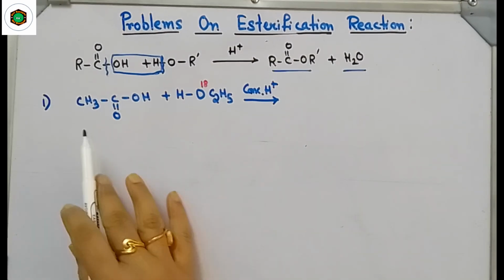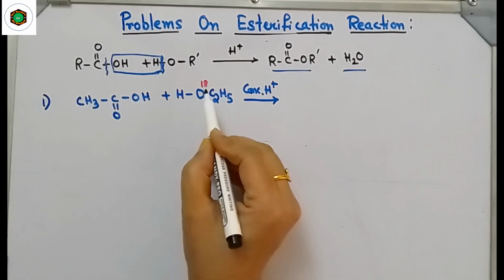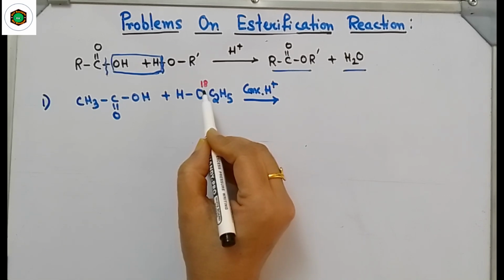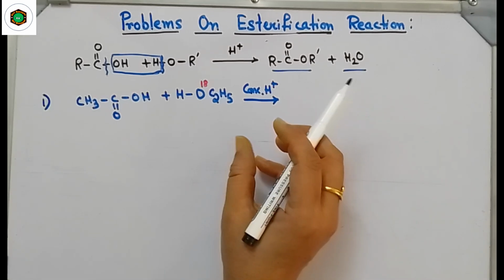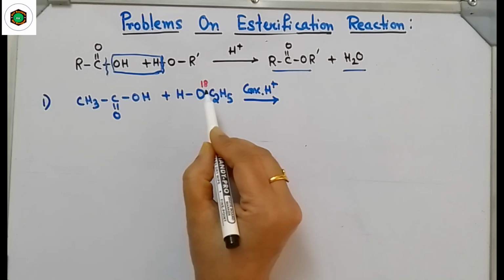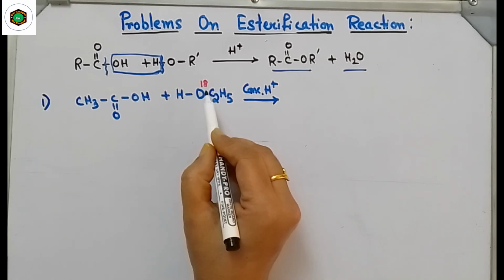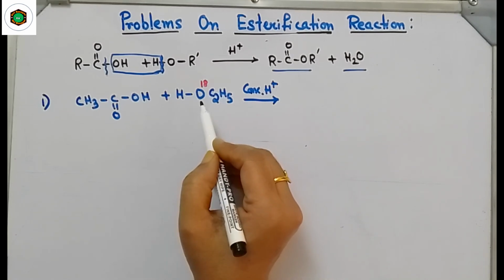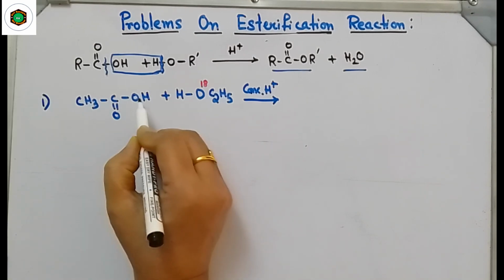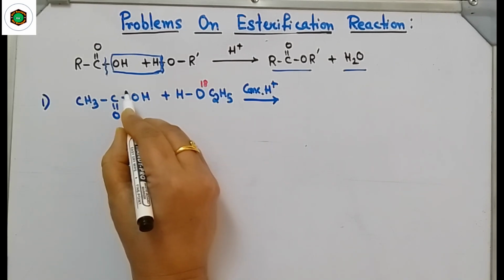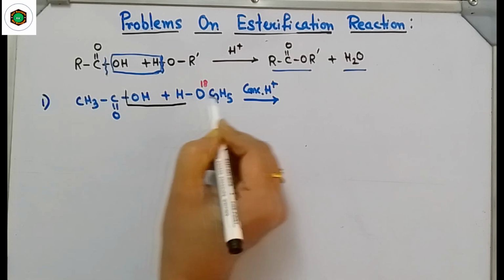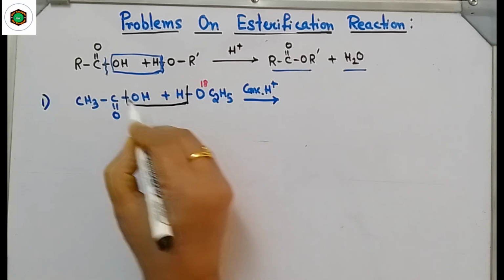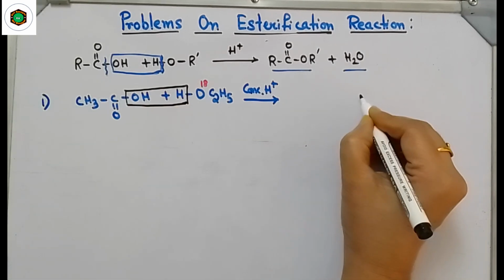Now write down products for this reaction. So what we are using here? Normal oxygen is having atomic mass 16. Here we are using oxygen 18, means labeled oxygen we are using. So from acid part OH will go and from alcohol H will go. So what we will get?